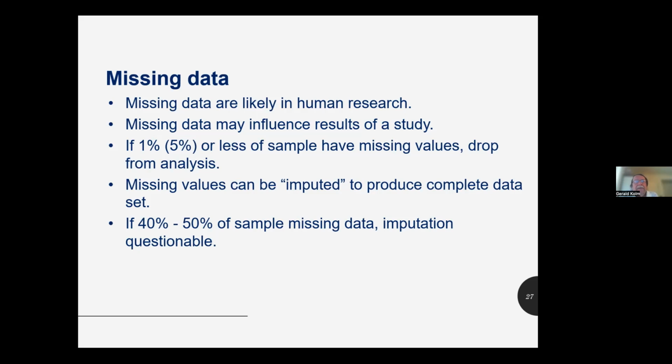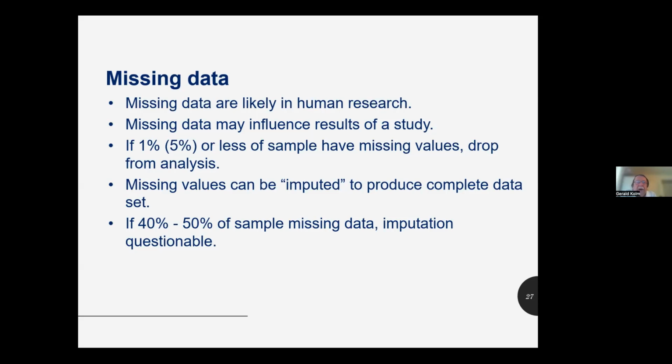But if we have a fair amount of missing data, then we may need to do what's called multiple imputation to produce complete data sets for our analysis. Now, if you have a study where you've got 40 to 50% missing data, then even doing imputation is kind of questionable.